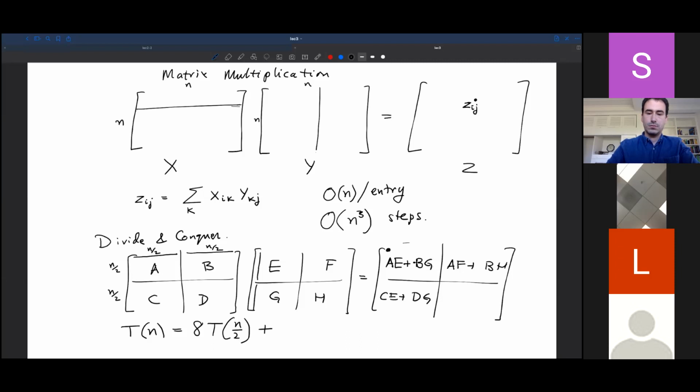Each matrix addition just requires n squared steps, right? Because we are just adding corresponding entries. And if you work this out, you just go look up the master theorem, you'd see T of n is n to the power of log to the base 2, because n goes to n over 2, of 8, because there are 8 subproblems. Log to the base 2 of 8 is 3, so it's n cubed.